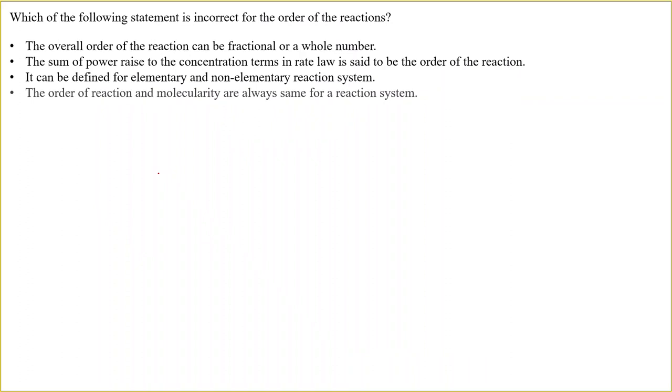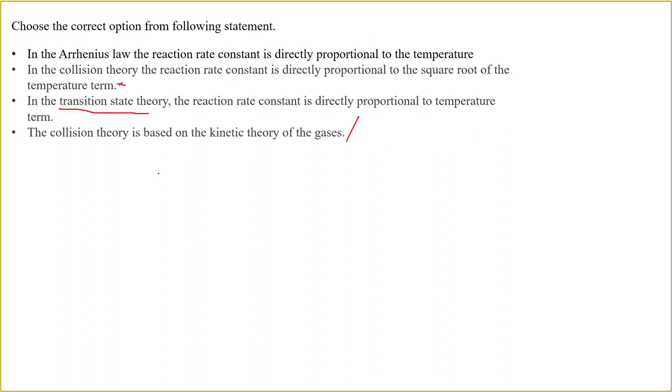One doubt in the earlier query. Here, though we are telling collision theory, when we write the rate equation in terms of the square root of temperature and then convert it into logarithmic terms, it is converting into normal form. So that way we cannot consider this as directly proportional to the square root.